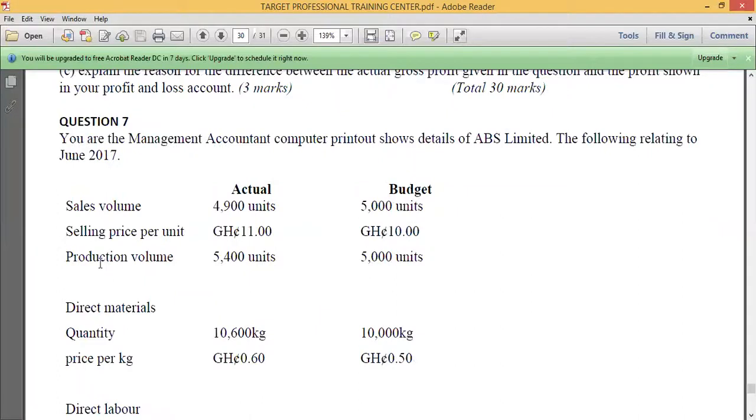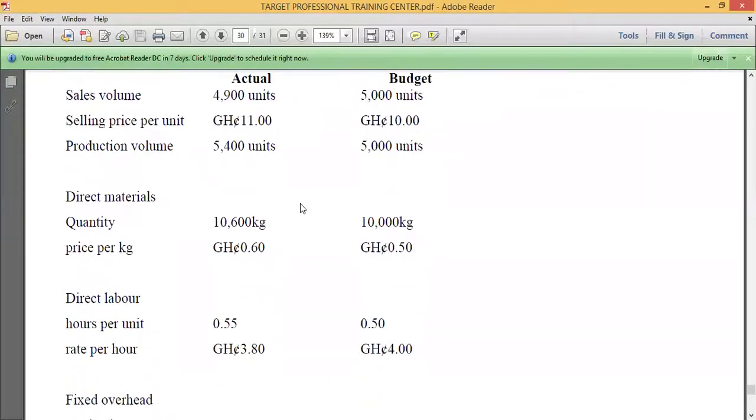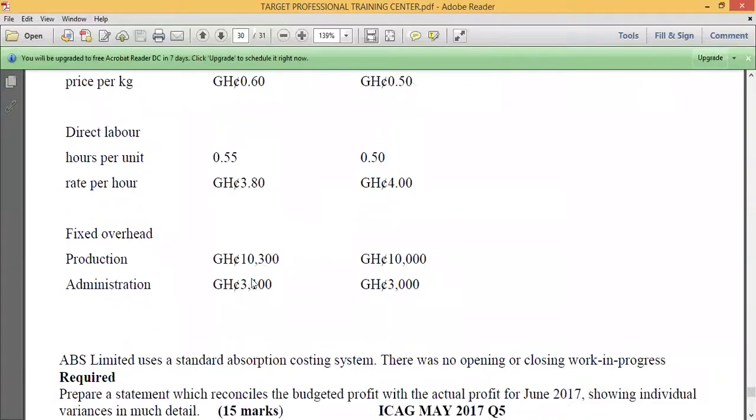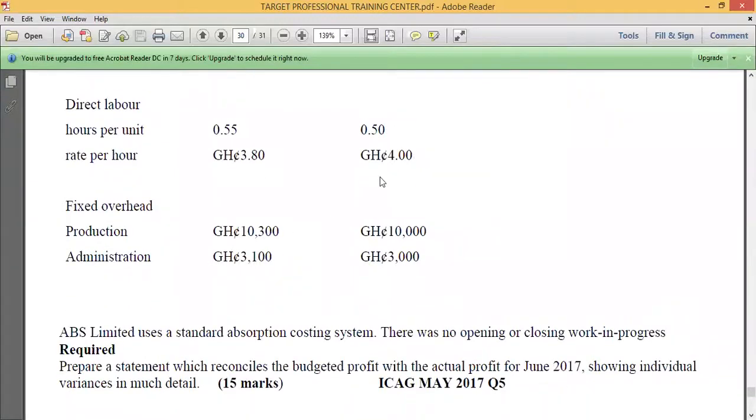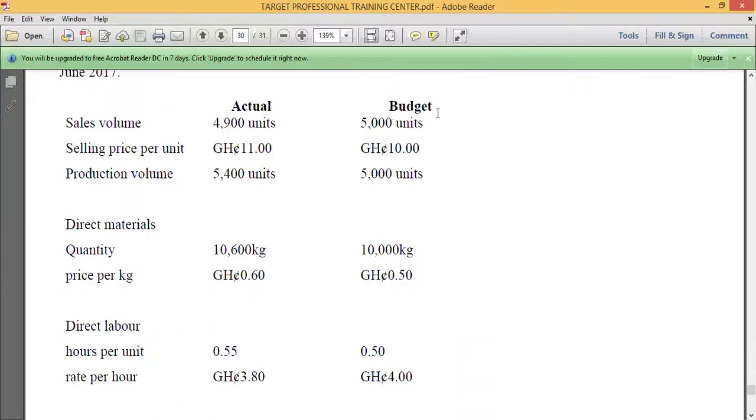So first of all, we have to calculate all the sales variances. Because to prepare the operating statement, we need the budgeted profit. So we will calculate the budgeted profit. After bringing the budgeted profit, we reconcile with all the variances. Then we are done.